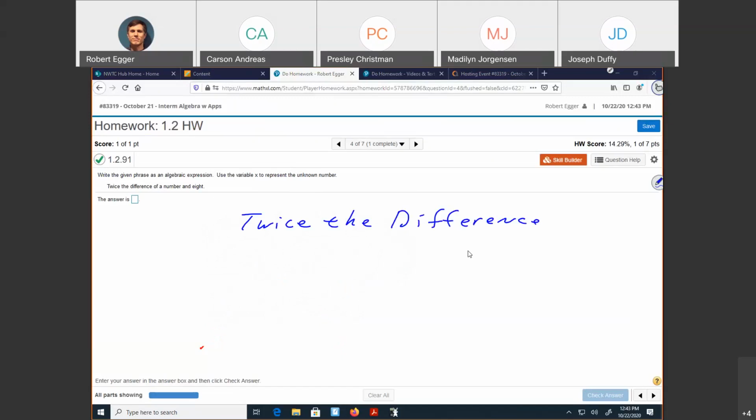Again, an operation, a multiplication, 2 times, and a difference, subtraction. And this is kind of like what I sometimes call the hiccup. No, it's a boom boom. Operation, twice the difference. Well, then you've got to look at twice the difference of what?